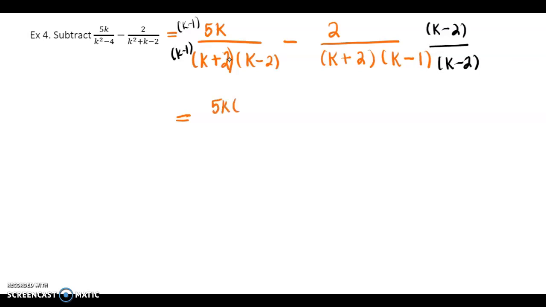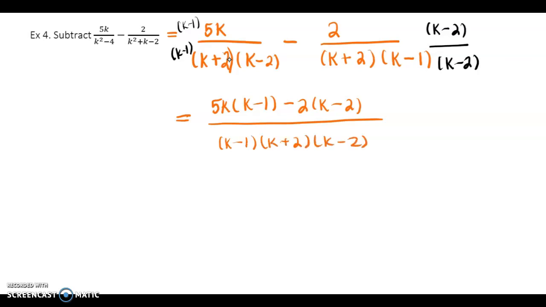So 5k, k minus 1 minus 2, k minus 2 all over that denominator, k minus 1, k plus 2, k minus 2. We'll go ahead and distribute. So we get 5k squared minus 5k minus 2k plus 4.